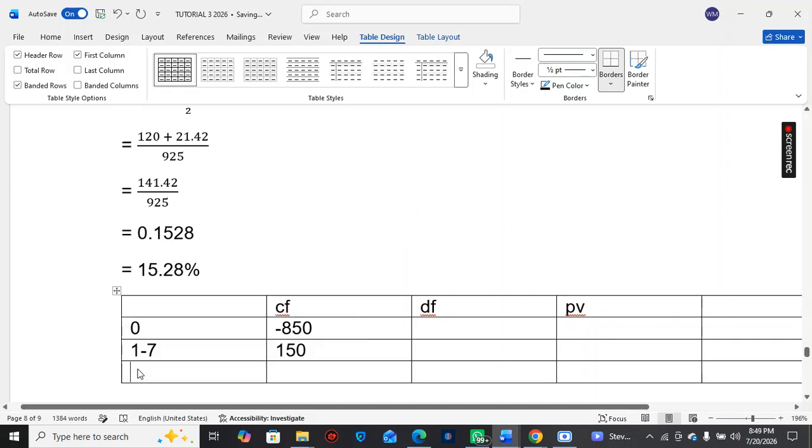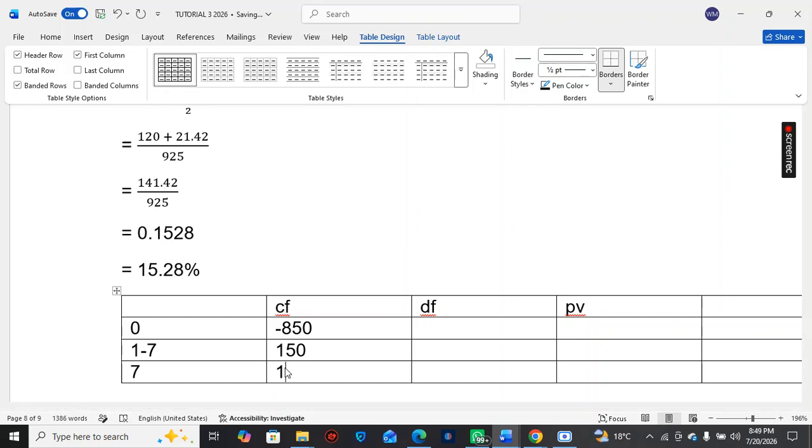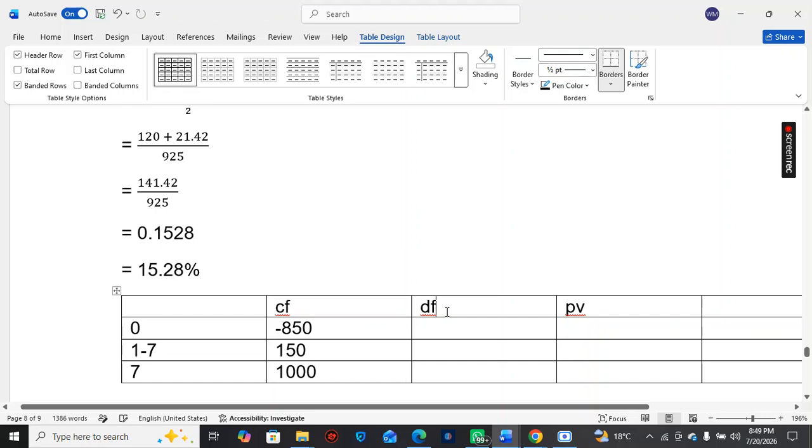Then in year seven, you receive the par value, 1,000. Then I believe your discount factor should be 15%. So you just do that same formula. You get a positive net present value, a negative one, then you use the internal rate of return formula again, A plus NPV over whatever.